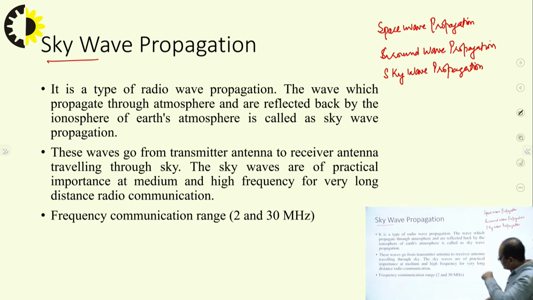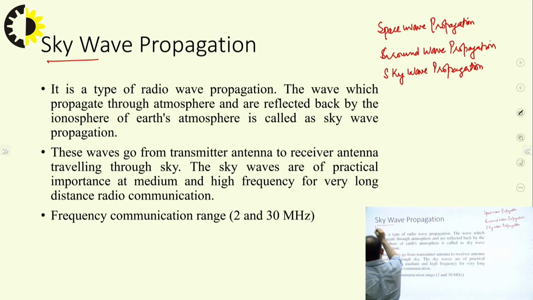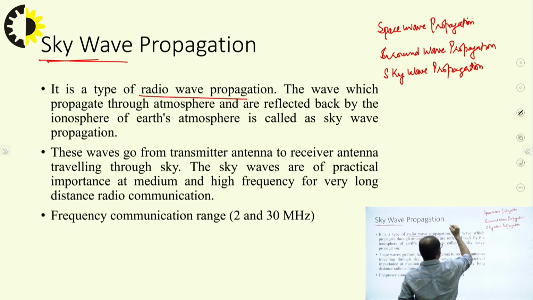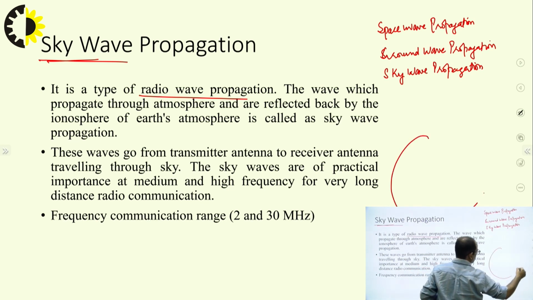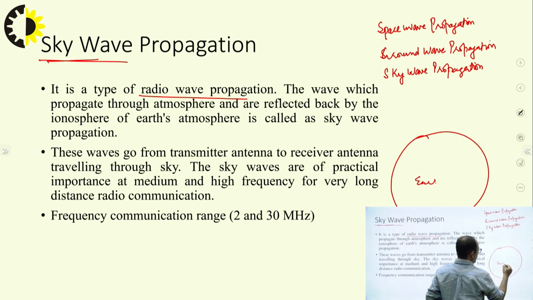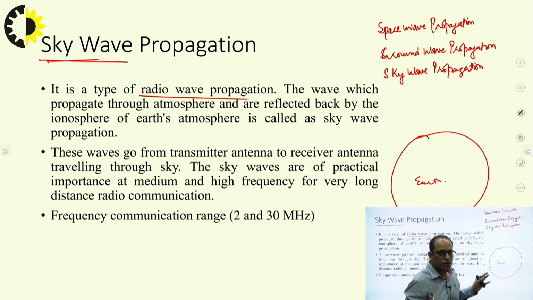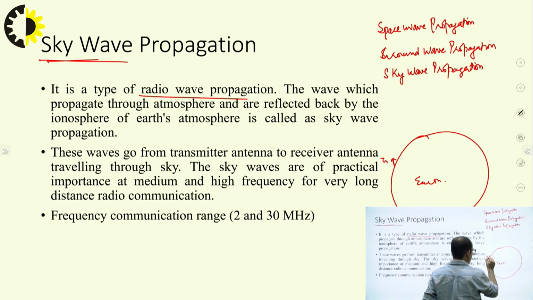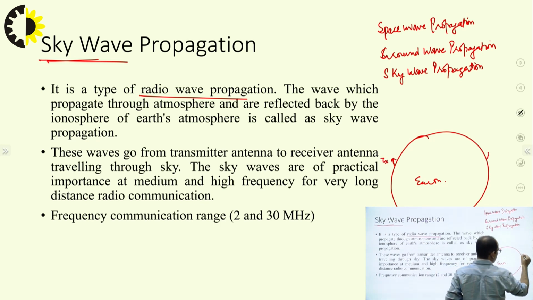Clear? So sky wave propagation is an important part of unit number 5, and it is one of the radio wave propagation types. Let's say this is the earth, and when there is no line of sight communication between the transmitter and the receiver, let's say the transmitter is here, and it wants to send the signal to the receiver side.